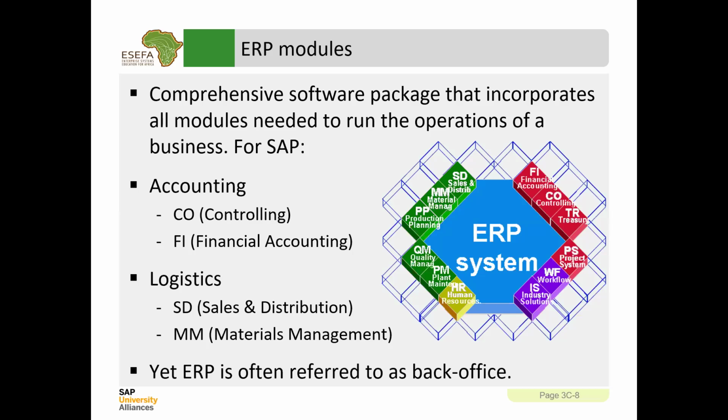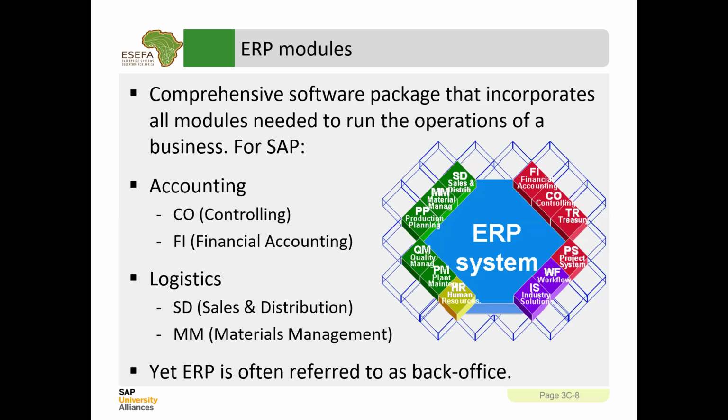Now, ERP, as a comprehensive package, incorporates all modules that are needed to run the operations of a business, not just materials alone, not just manufacturing, but every aspect that is needed to run the business.